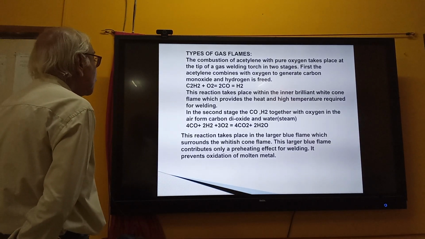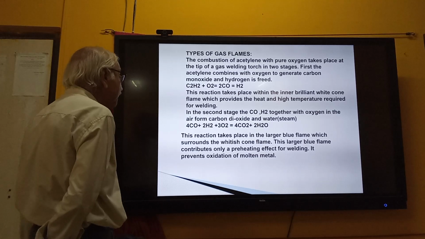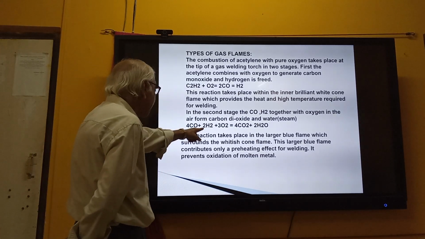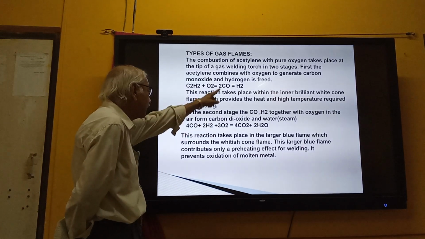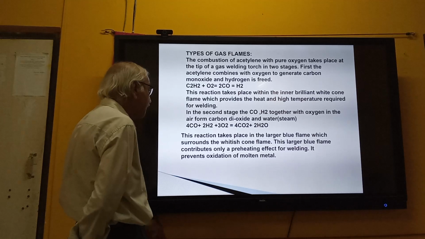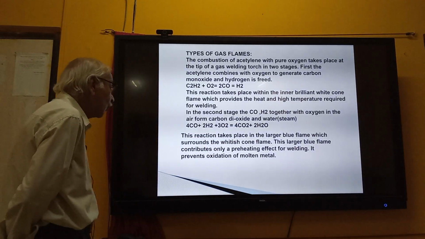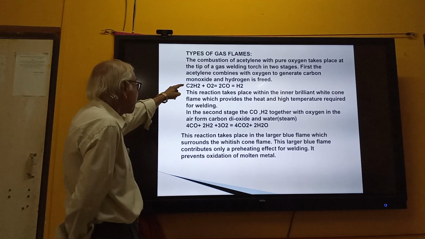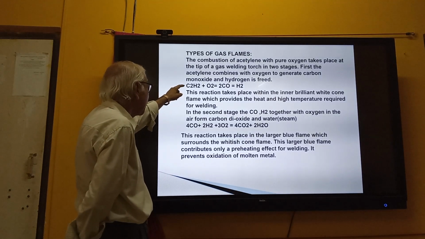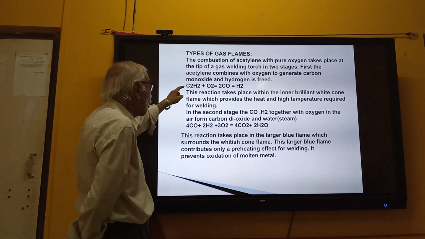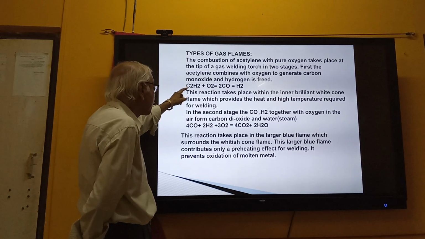Now, carbon monoxide is a very, very unstable gas. So, in the second stage, it gets combined with oxygen and that hydrogen also combines and it forms carbon dioxide and H2O.